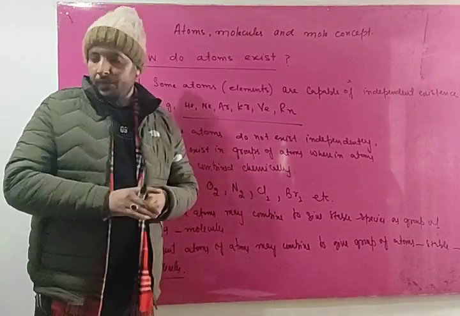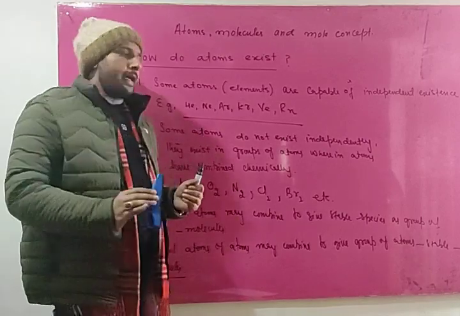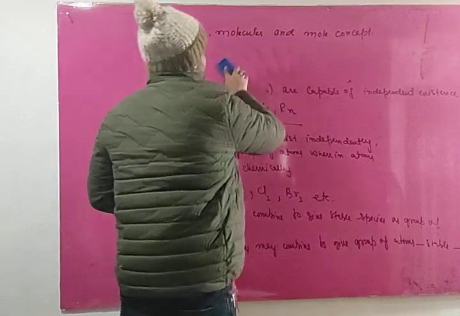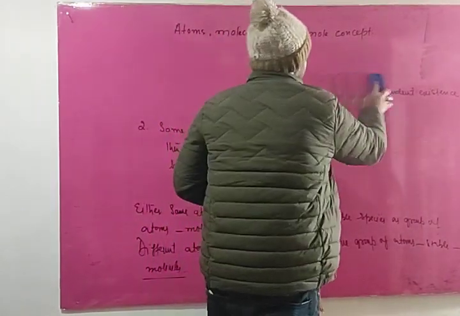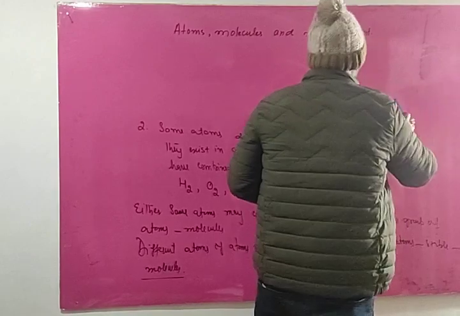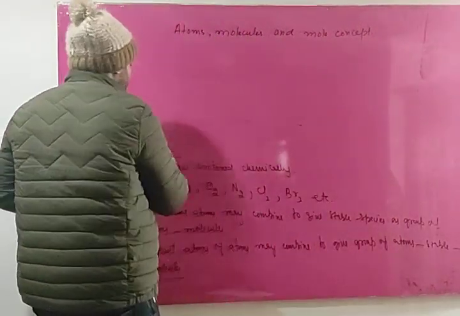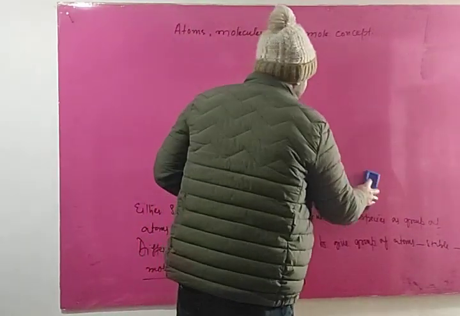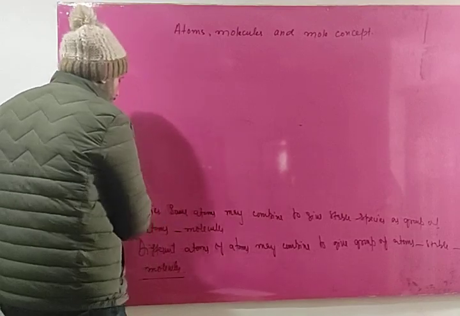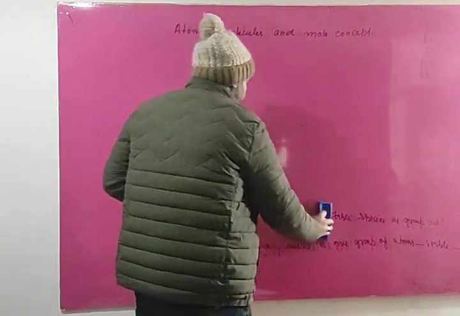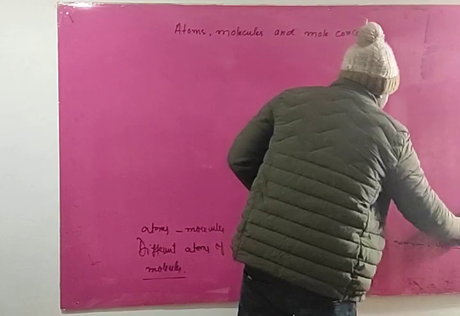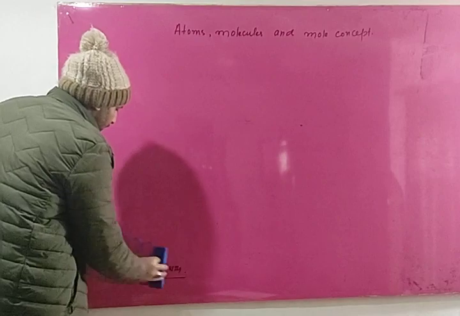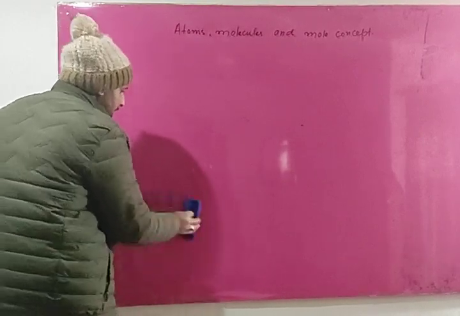Okay, now we will try to understand what may be the constituent particles of different substances, because we are going to discuss mole concept. These are the preliminary things that we must know, or we need to revise. Maybe in other classes we have discussed all these things, but we need to revise a little.